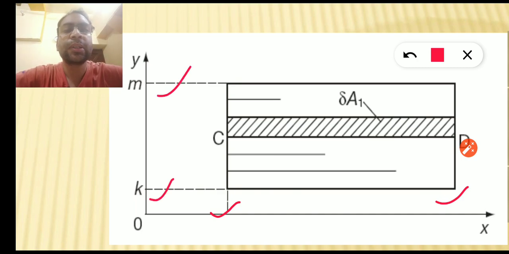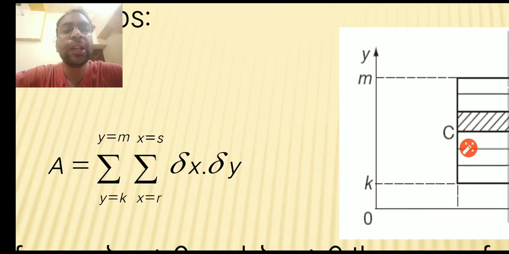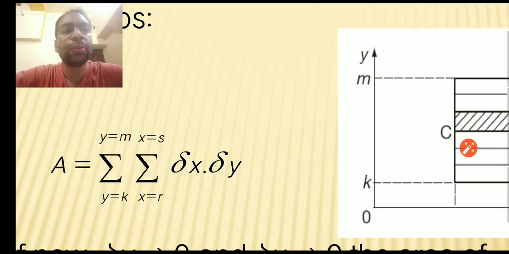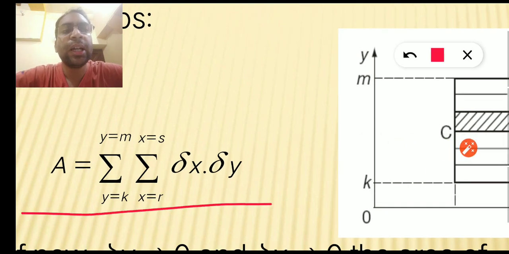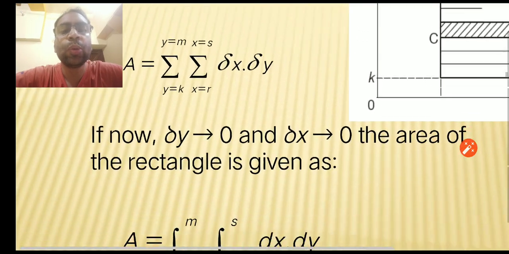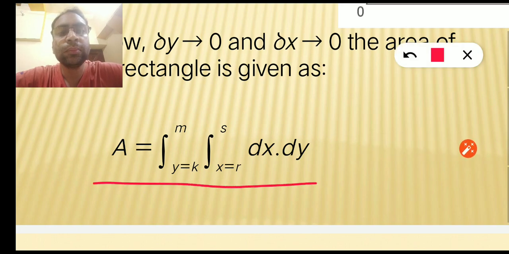Again in the same way we can apply the summation of both the values, and this summation can be converted to an integral. The only difference is that in this case we have dx as the inner integral, and in the previous one we had dy as the inner integral.